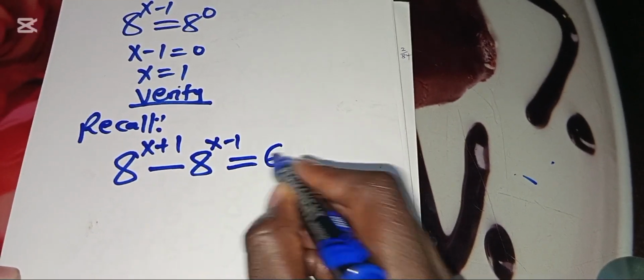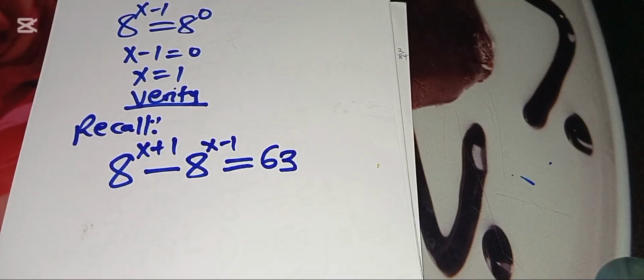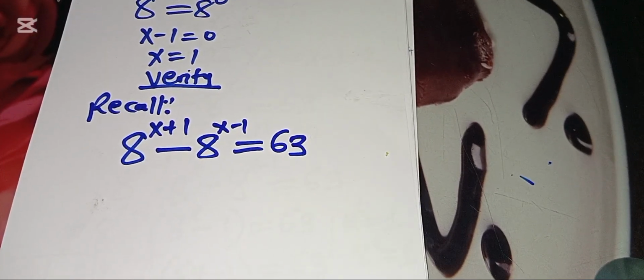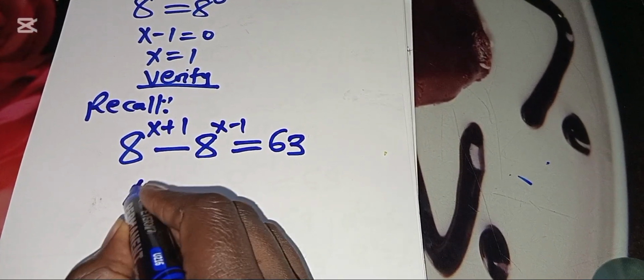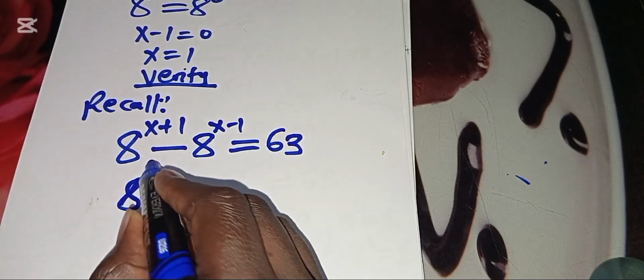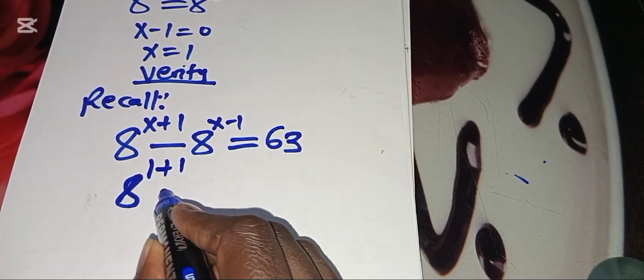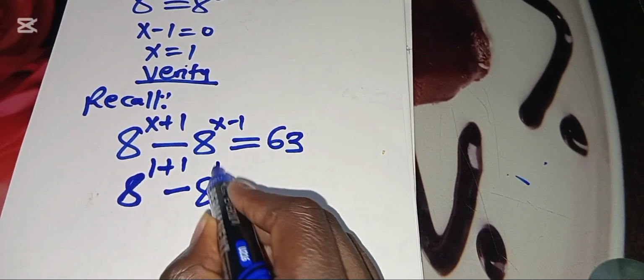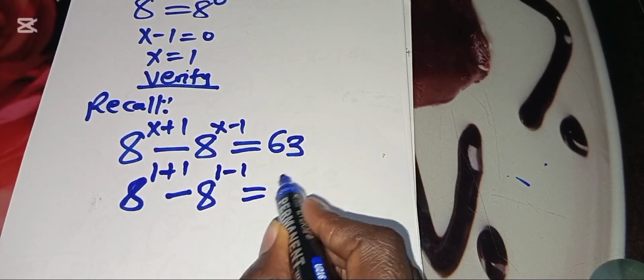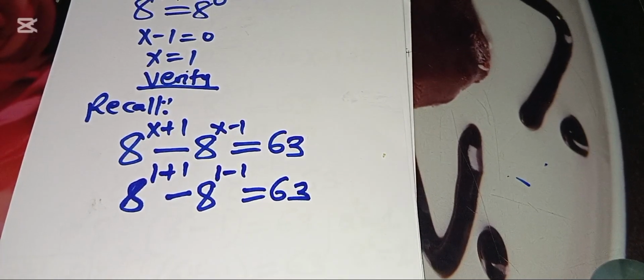This is supposed to give us a value of 63. Now substituting the value of x, which is 1, we are going to have 8 raised to power 1 plus 1 minus 8 raised to power 1 subtract 1. This is supposed to give us a value of 63.